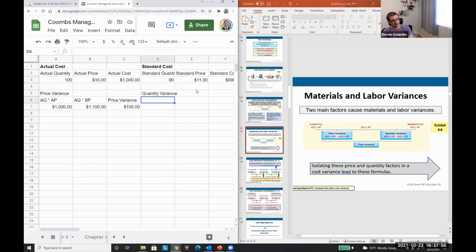Our quantity variance, on the other hand, is actual quantity times standard price, less standard quantity times standard price.